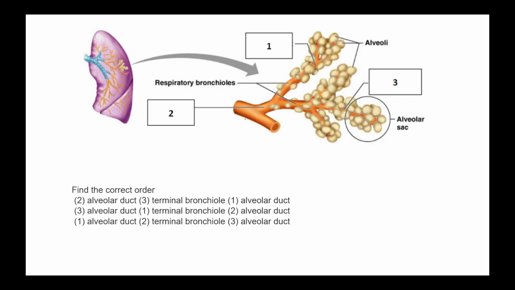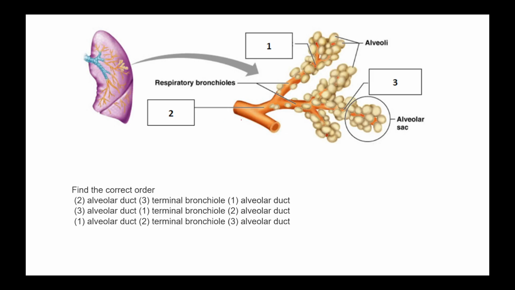Alveolar duct? No. From the trachea it branches to the bronchus, right? The bronchus and the bronchioles. Then the alveoli and alveolar ducts start. This particular portion is the terminal bronchiole.